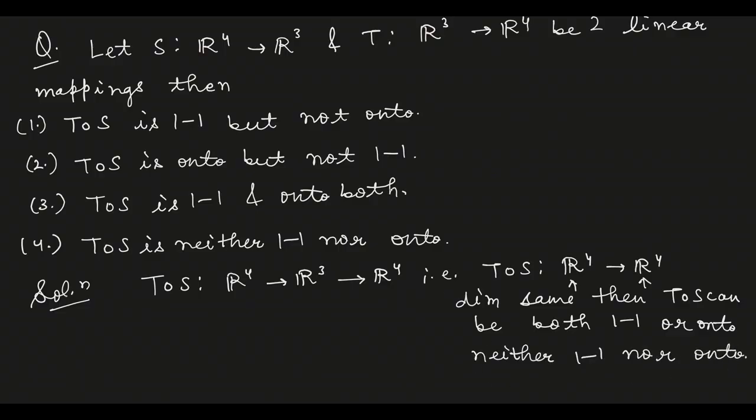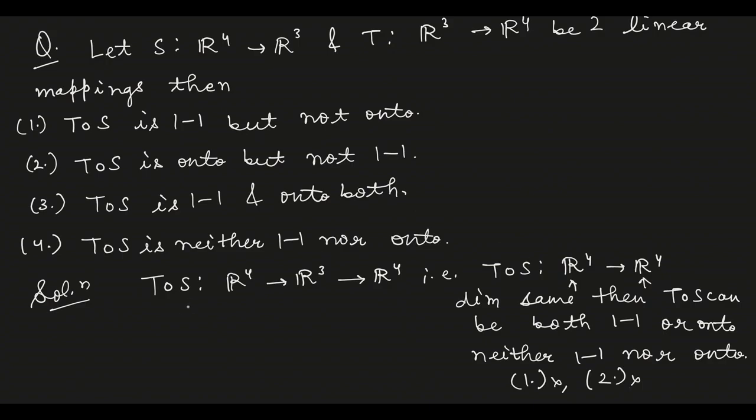So by this, options 1 and 2 are discarded. Whenever the dimensions of domain and codomain are the same, they will be simultaneously 1 1 and onto, or simultaneously neither 1 1 nor onto.